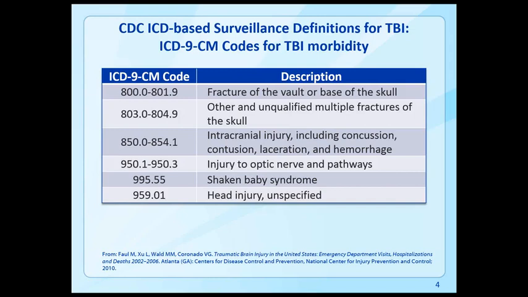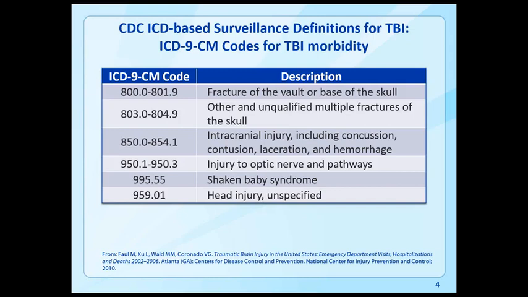So the first one is the ICD-9-CM codes that have been used for TBI morbidity. And just a couple things I wanted to point out here. First, if you look at the column labeled ICD-9-CM code, you'll see that the numbers here are codes within the range of 800 to 959. Those are the types of structure of the codes that we're looking for.